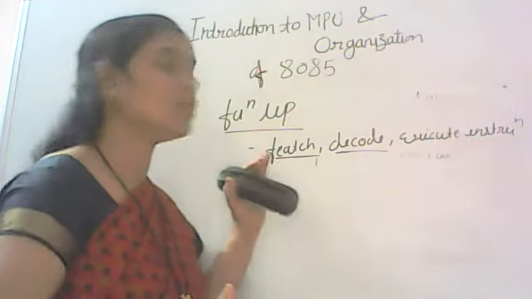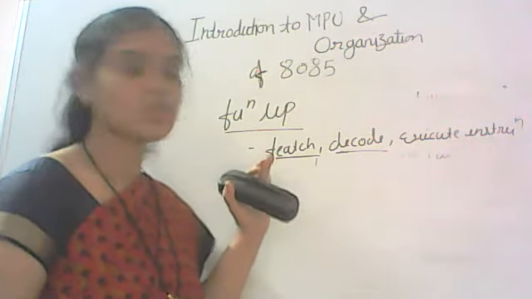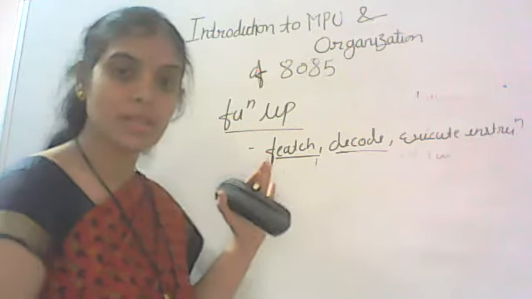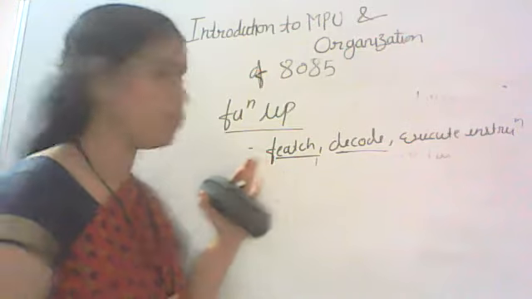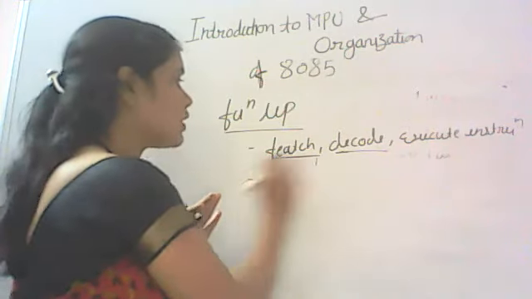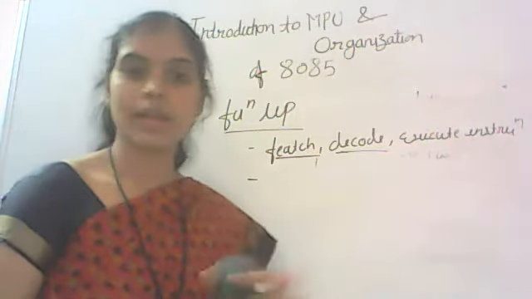Already we see in our definition, microprocessor is a programmable device, accepts binary as an input, gives us a result as an output. तो क्या करता है, डाटा को फेच करता है, डिकोड करता है and then executes it.